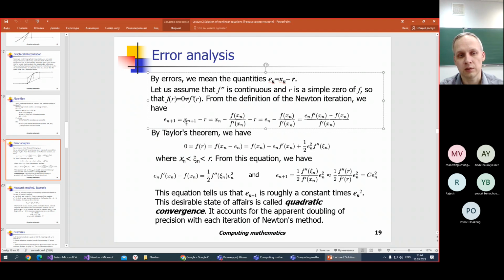En plus 1 equals x n plus 1 minus r, that equals xn minus f of xn over f prime of xn minus r, that equals En minus f of xn over f prime of xn. And finally, we can write it in the form En times f prime of xn minus f of xn over f prime of xn.